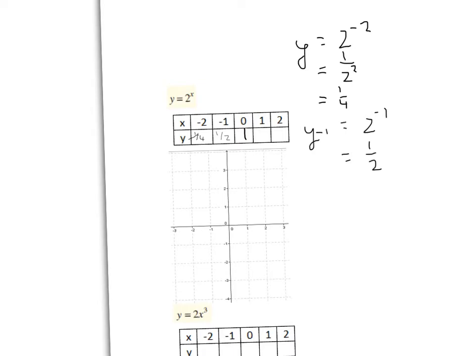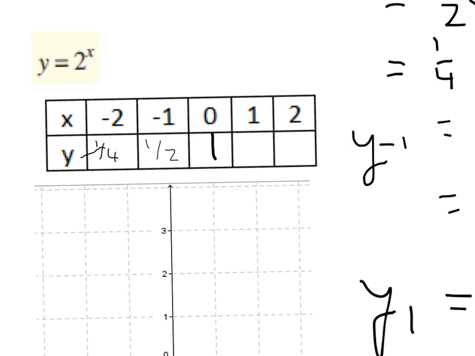So now we're going to do y is equal to 2 to the power of 1. Now most of you will probably find that's pretty easy to do. Y when x is 1 is equal to 2 to the power of 1, which is just 2. So I'll focus in there and I'll write a little 2.